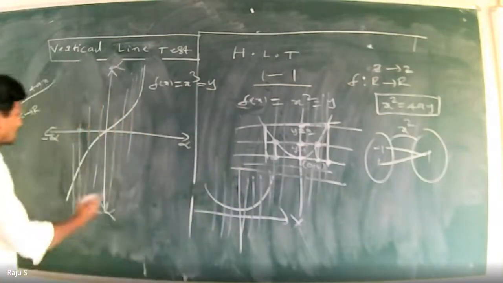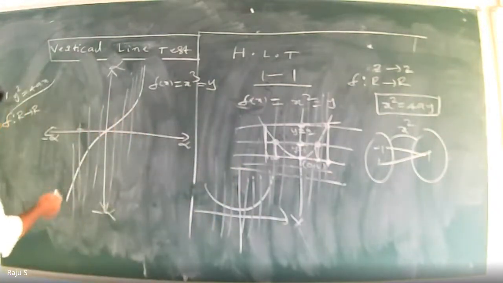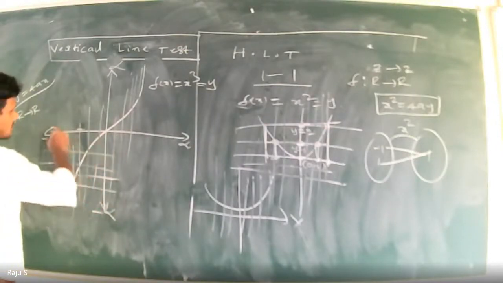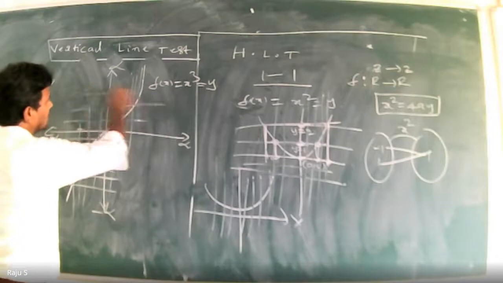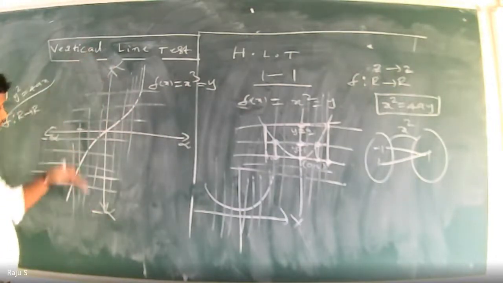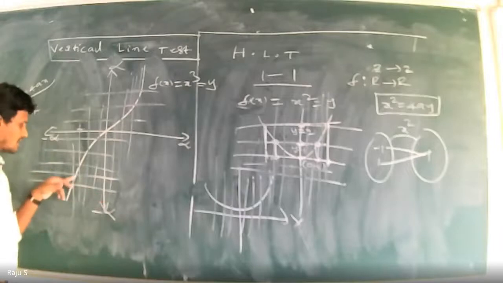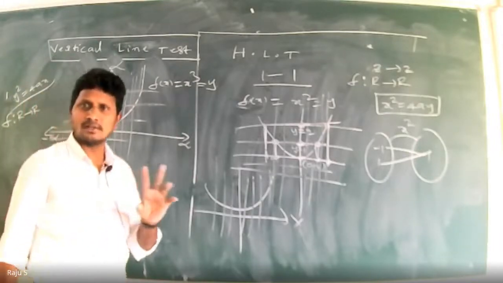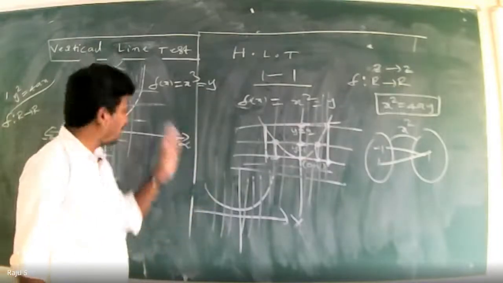And coming to the horizontal line test, I want to check whether it is 1, 1 or not. Use the horizontal line test. If you draw the horizontal lines from minus infinity to plus infinity, every horizontal line can intersect the given curve at only 1 point, so it is clearly 1, 1.